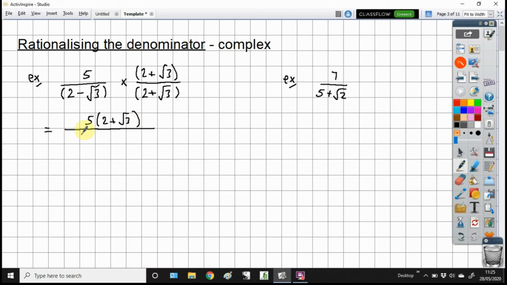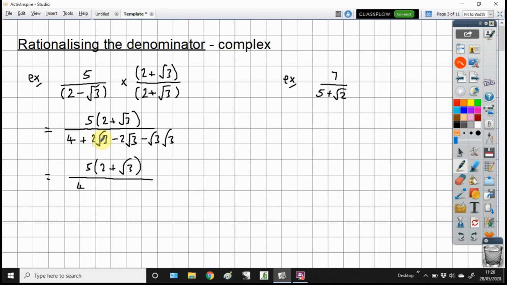In the denominator, we've got 2 times 2. We've got 2 times positive root 3, so positive 2 root 3. We've got negative root 3 times 2, so negative 2 root 3. And we've got negative times a positive, root 3 root 3. Which means that in the denominator, we've got 4 plus 2 root 3 minus 2 root 3.